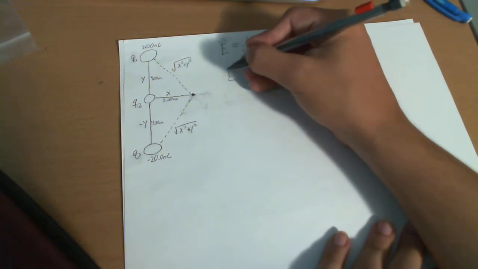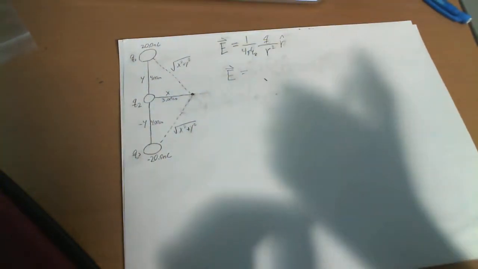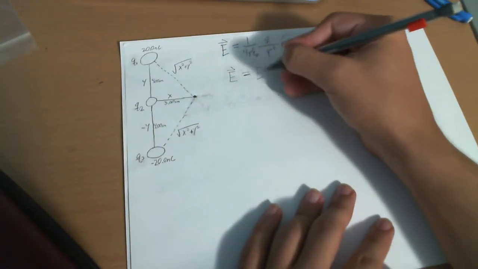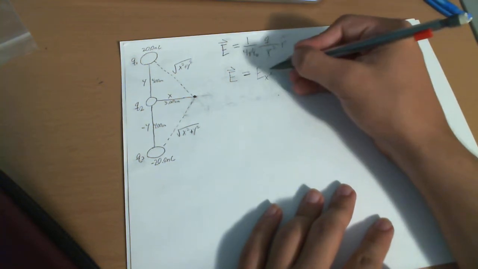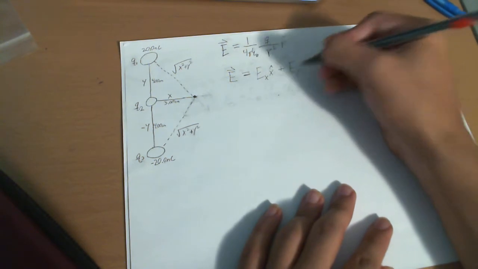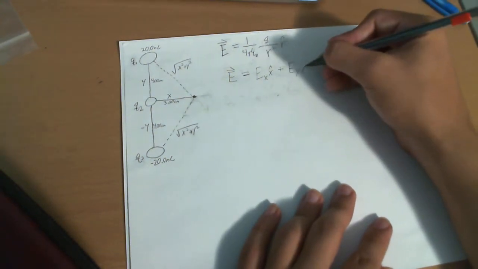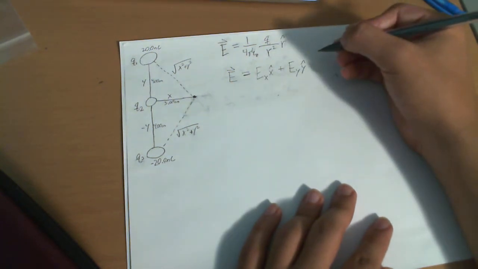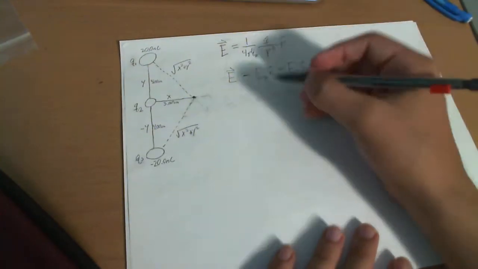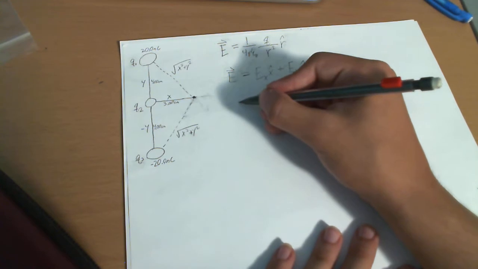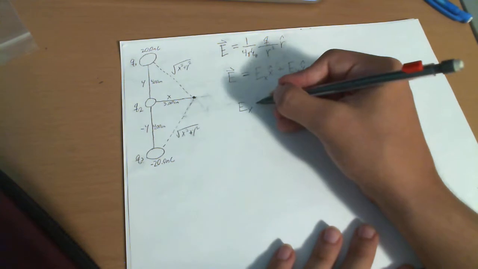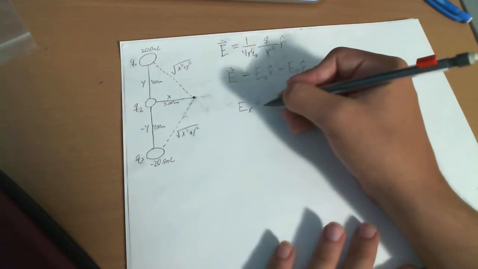So let's separate the vector E, and let's say that it's going to be the x component along the x direction plus the y component of the electric field vector times its corresponding unit vector. Right? And so now we simply need to find what our x component of the electric field is.